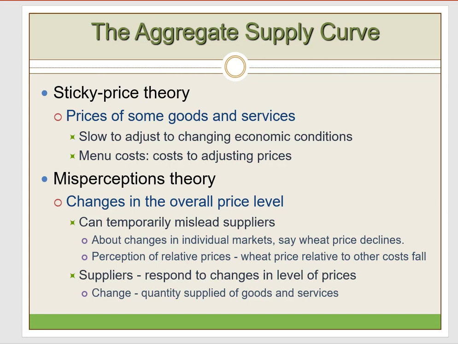As a result, so I'm going to repeat here, as a result of them thinking that wheat prices are going down but everything else is staying or increasing, in fact, that's what they are thinking, they will cut back in output. In fact, it's possible that when wheat prices go down, the whole economy's price level goes down, which means it would have justified keeping the production at this level, right?